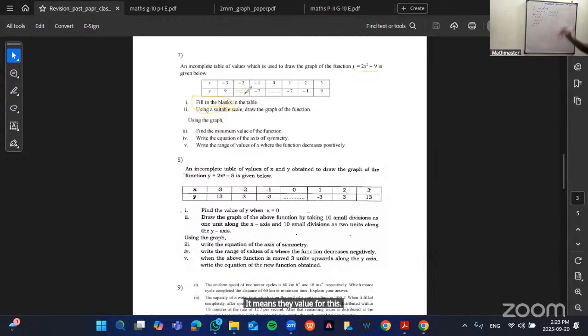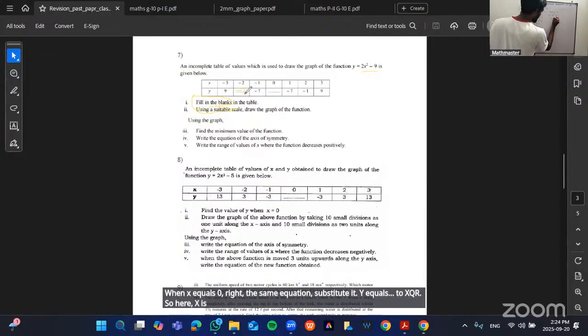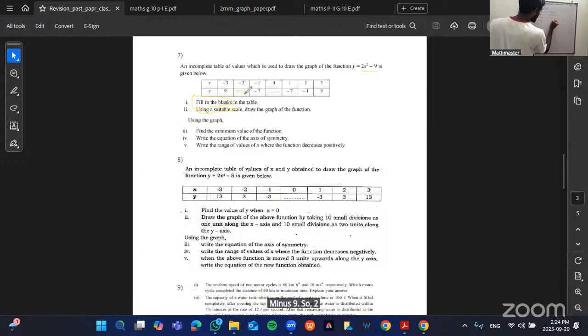Then for the next one, when x equals 0, write the same equation and substitute. Y equals 2x squared minus 9, where x is 0. 2 times 0 squared means 0, and 0 minus 9 means the answer is minus 9.